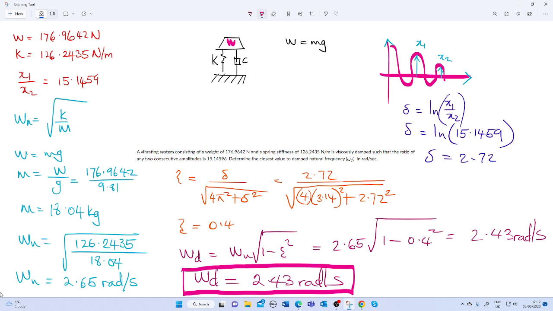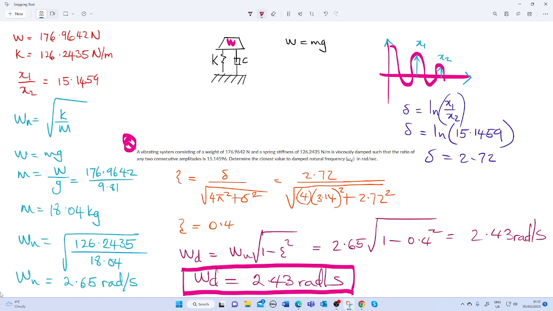Now let's read through the question given to us. A vibrating system consists of a weight of 176.9642 Newton and a spring stiffness of 126.2435 Newton per meter.